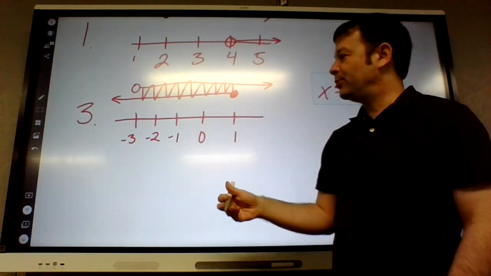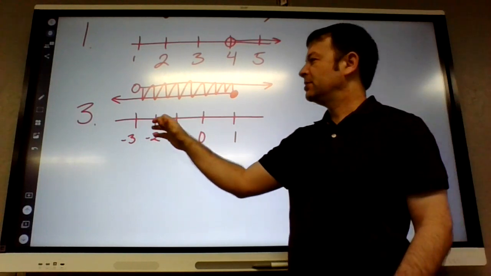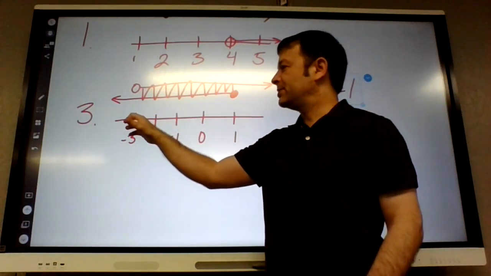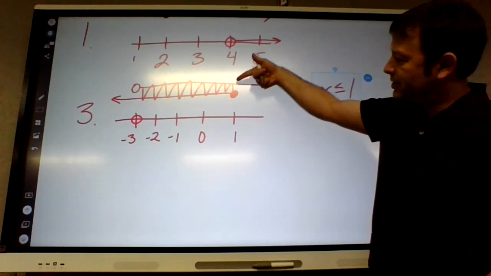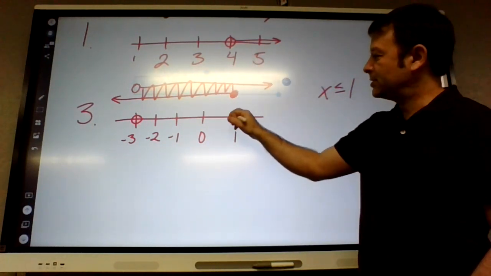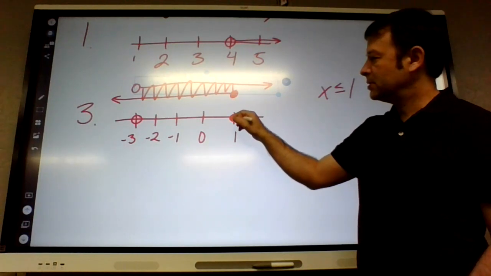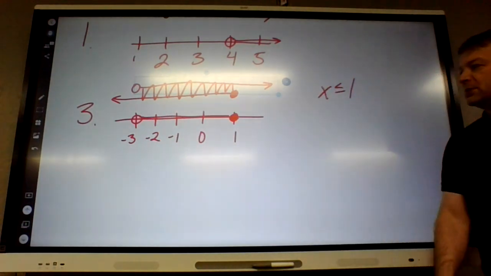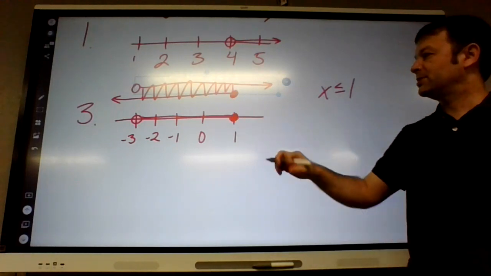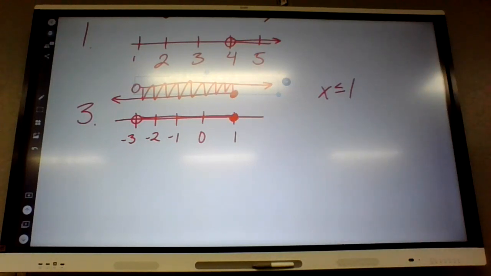Are -3 and 1 included? No. -3 is not included, but 1 is. 1 is in both of these. So 1 is included. And then let's connect the dots in the middle. Do not go past the dots.